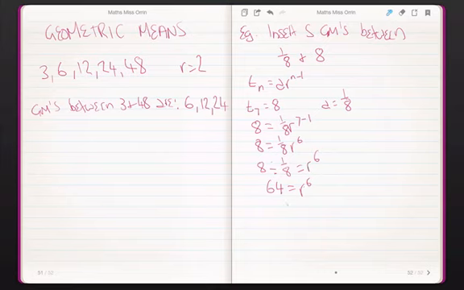Now what we want to do is make the powers the same, okay? Make powers the same. All right, so we want to get this as something to the power of 6. Okay, turns out that 2 to the power of 6 is the same as 64.